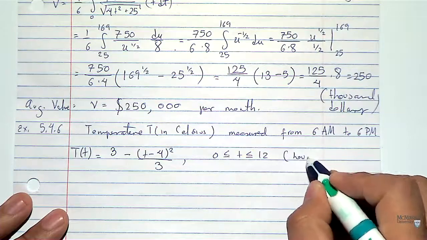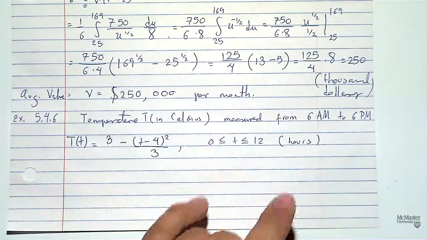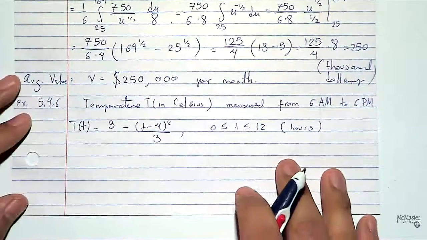So you have gone from 6 a.m. to 6 p.m. There are 12 hours. That's why you have the time interval from 0 to 12.